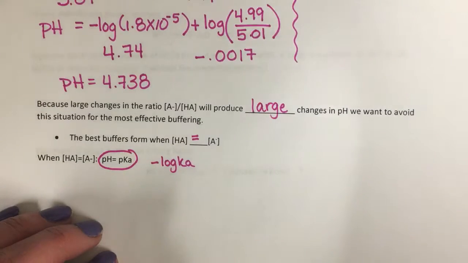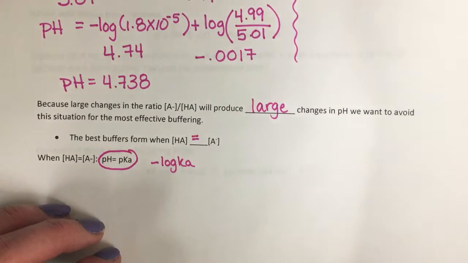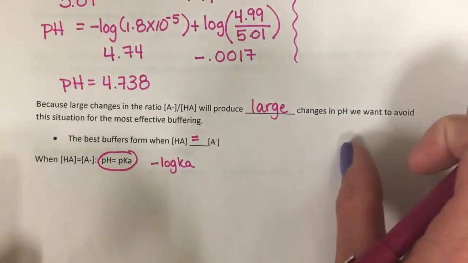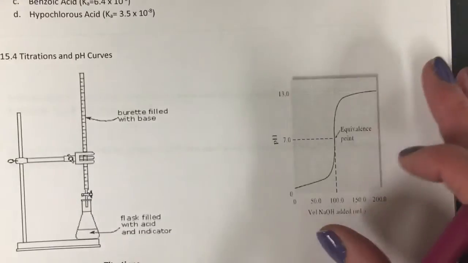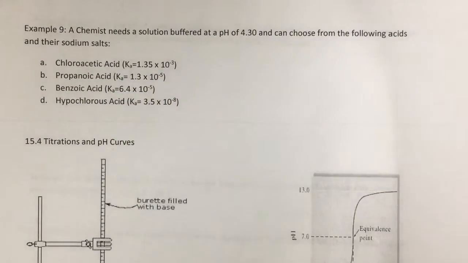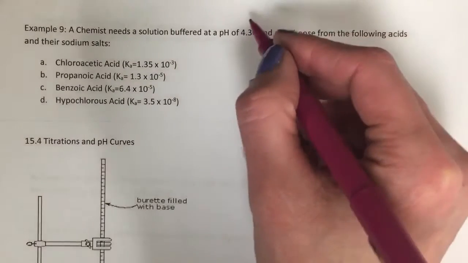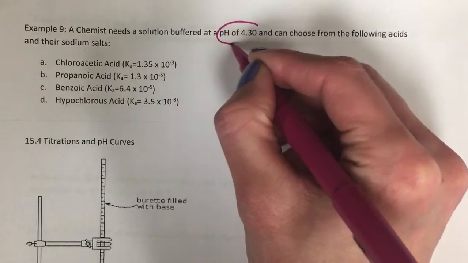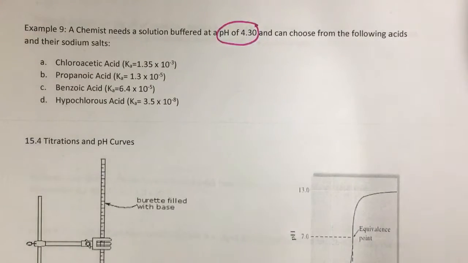Now, the reason that this is important is this will allow us to choose proper buffers for different reactions, okay? So here I've got several different acids that I can use to make a buffer. I can use one of these acids and their conjugate base, but I want to choose it so that I have a system where the buffer is at about a pH of 4.3.